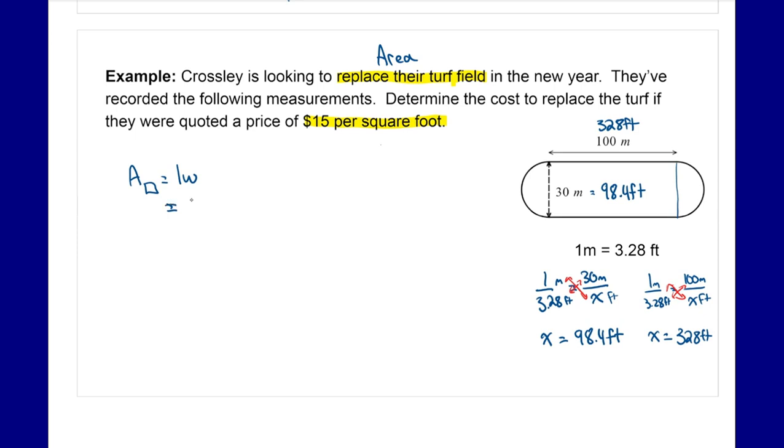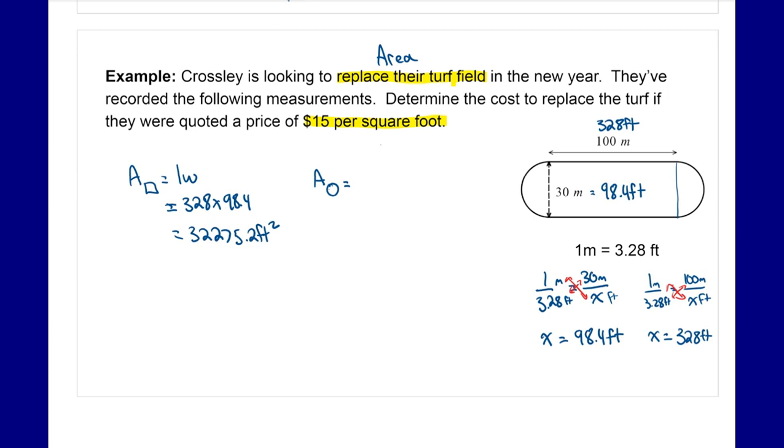It is 328 times 98.4, which is 32,275.2 feet squared.